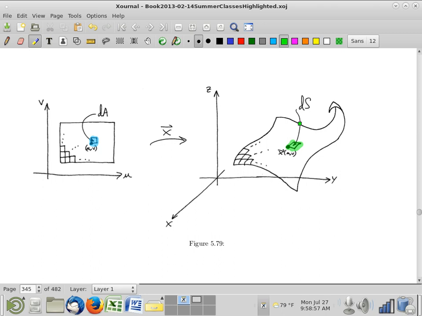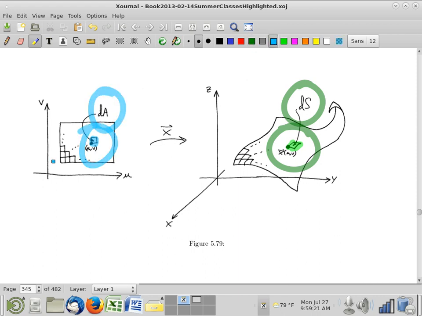And a rectangle, when you distort it, is going to give you some sort of oriented parallelogram-ish, something approximately parallel. And I want to know the ratio of the areas. Namely, what I really need to know is the area of this thing, but I want to rewrite it in terms of the area of that thing.